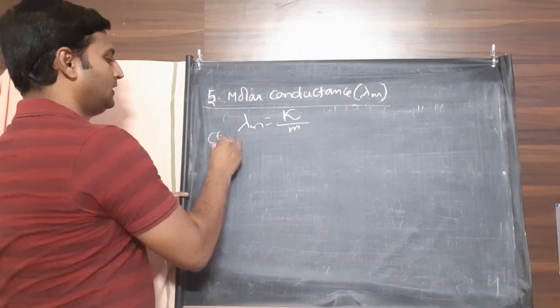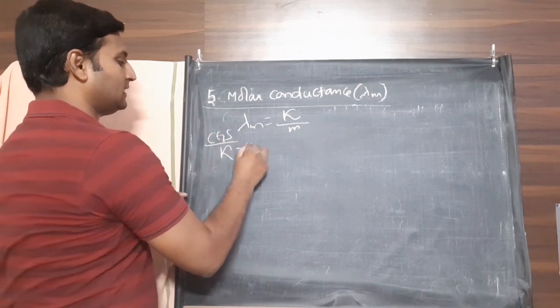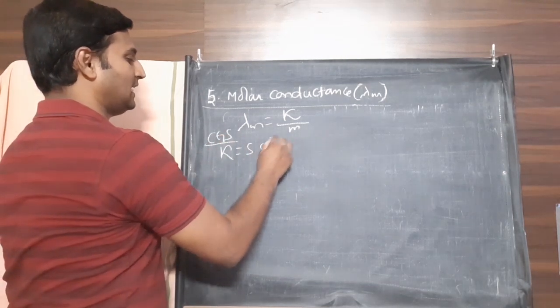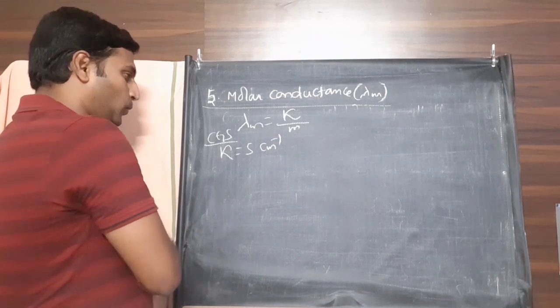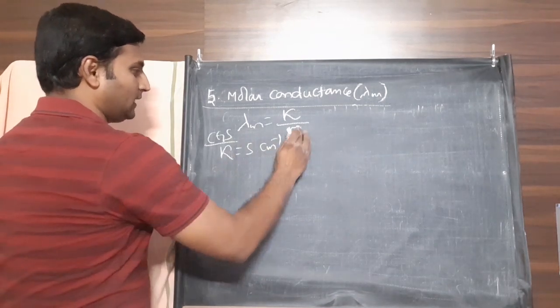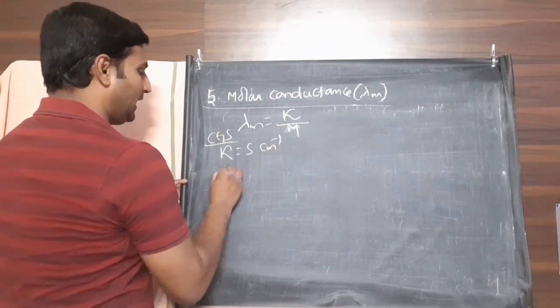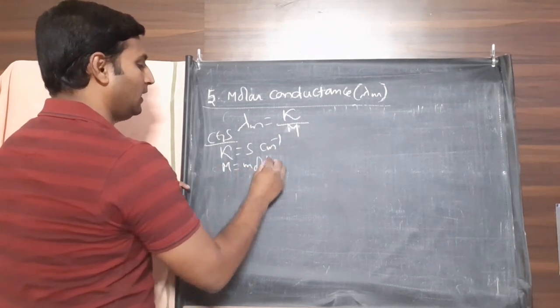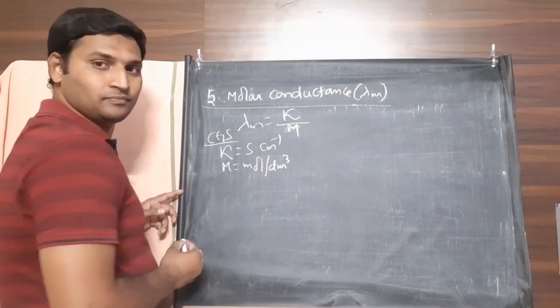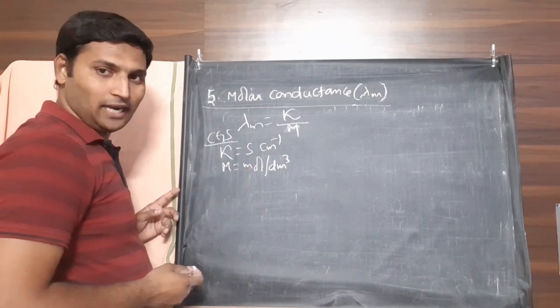Now say CGS units. Kappa is given in Siemens centimeter inverse. Molarity, capital M, is given in moles per decimeter cube or liter, you know that.